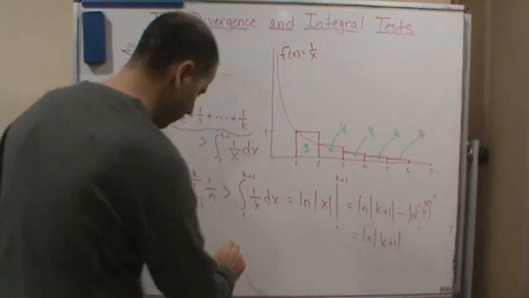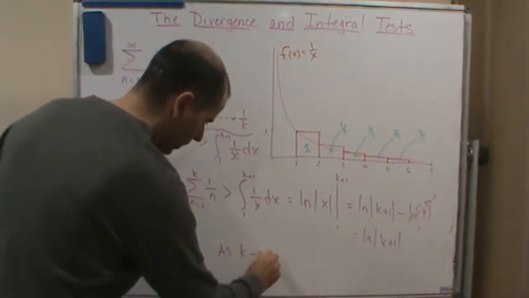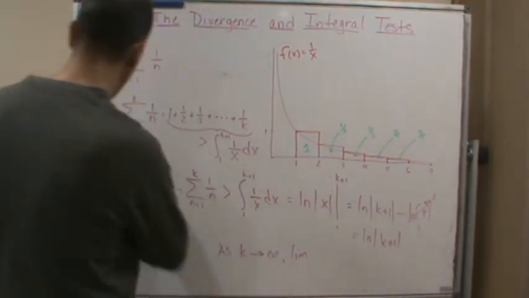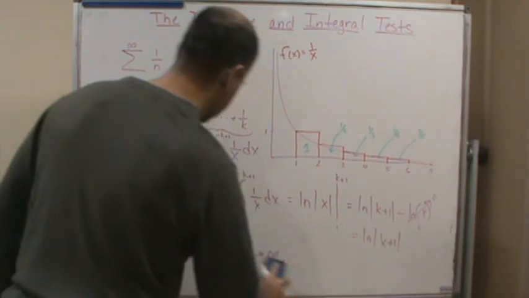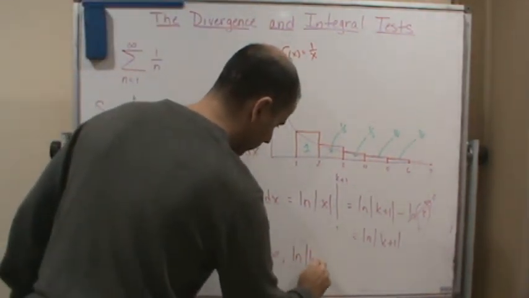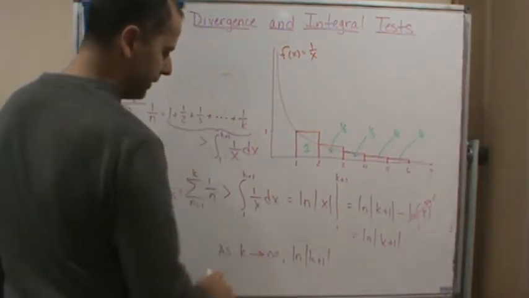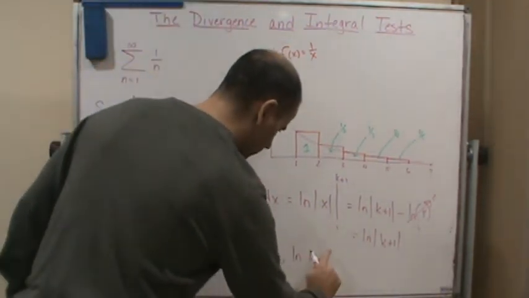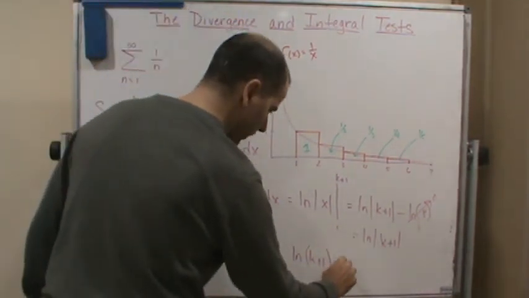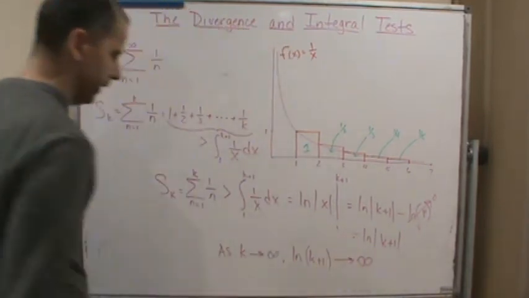Well, as k approaches infinity, the limit of the natural log of the absolute value of k plus 1, we could drop the absolute values because k is always positive, so the natural log of k plus 1 goes to infinity.